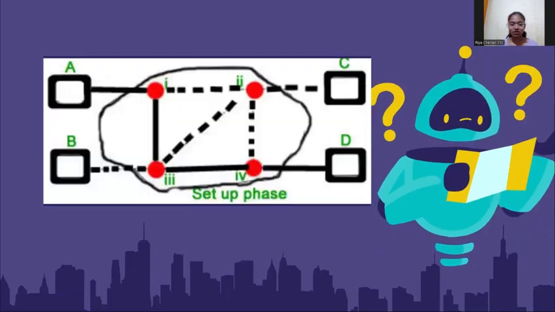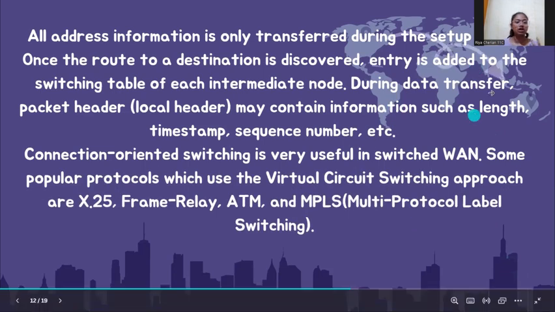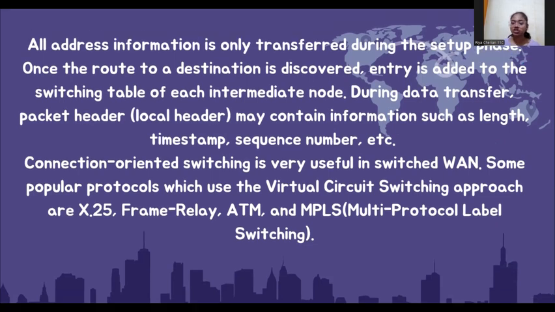All address information is only transferred during the setup phase. Once the route to a destination is discovered, the entry is added to the switching table of each intermediate node. During data transfer, the packet header, also known as the local header, may contain information such as the length, the timestamp, or the sequence number.